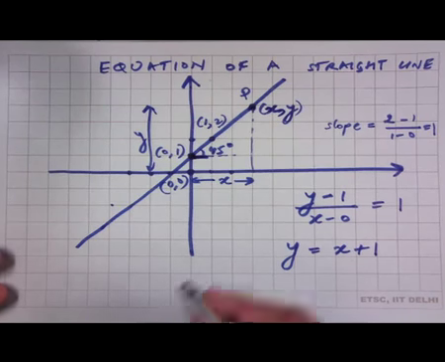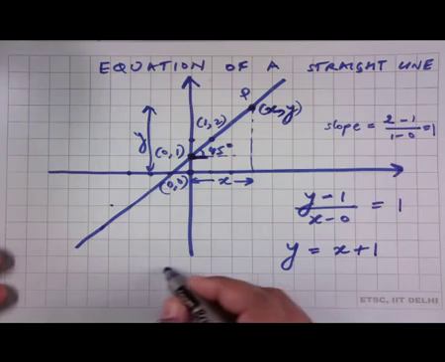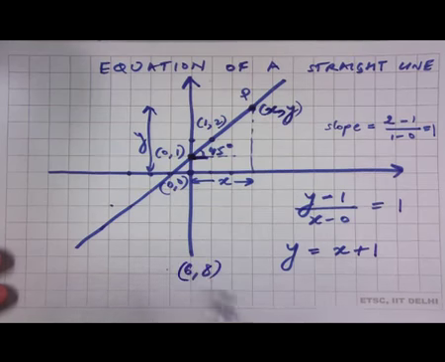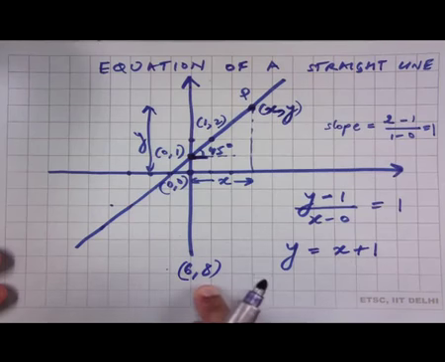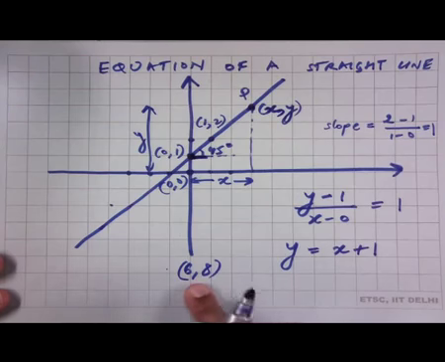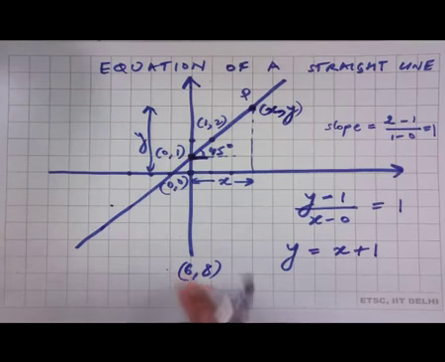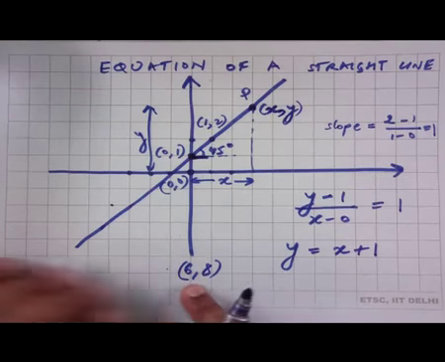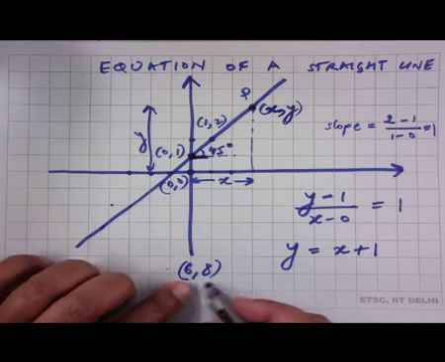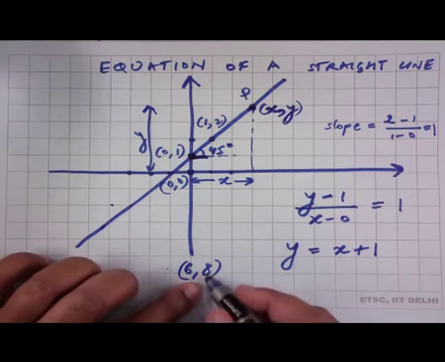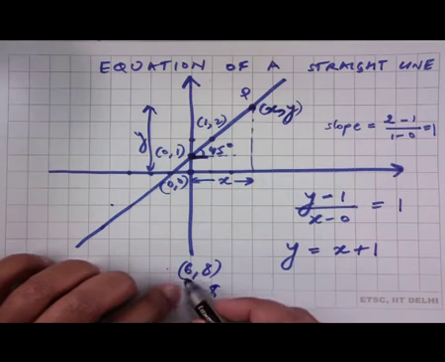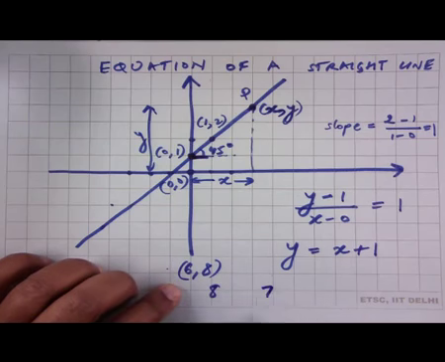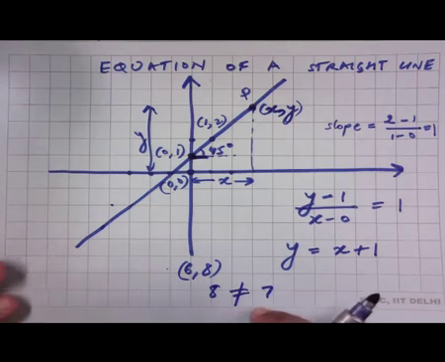For example, if somebody gives me a point (6, 8), x is 6, y is 8, I can immediately check whether this point belongs to this straight line or not. One can see that it does not belong, because y is 8 and x plus 1 is 7, and 8 is not 7.